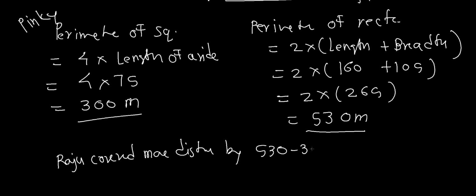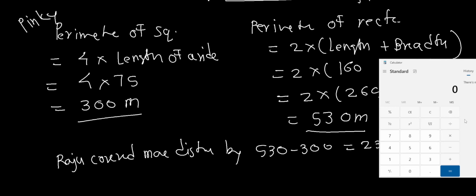So 530 minus 300 gives 230. Am I right? Yes.